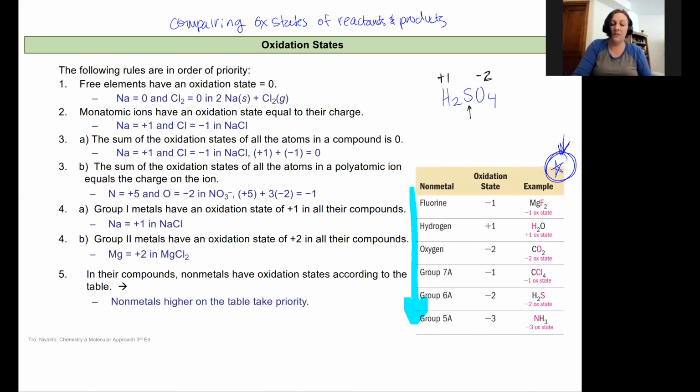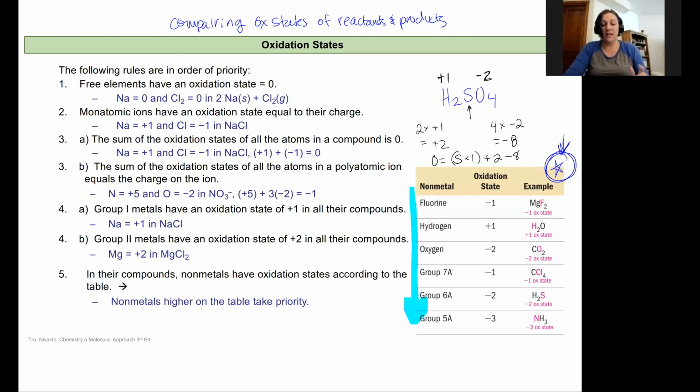So if I have 2 hydrogens and they each have a +1 oxidation state, I have 2 times +1 for a total of +2. I have 4 oxygen atoms, each at -2 oxidation state, for a total of -8. So for this to equal 0, my sulfur, and I only have one of them, so it'll be sulfur times 1, +2 -8 has to equal 0.